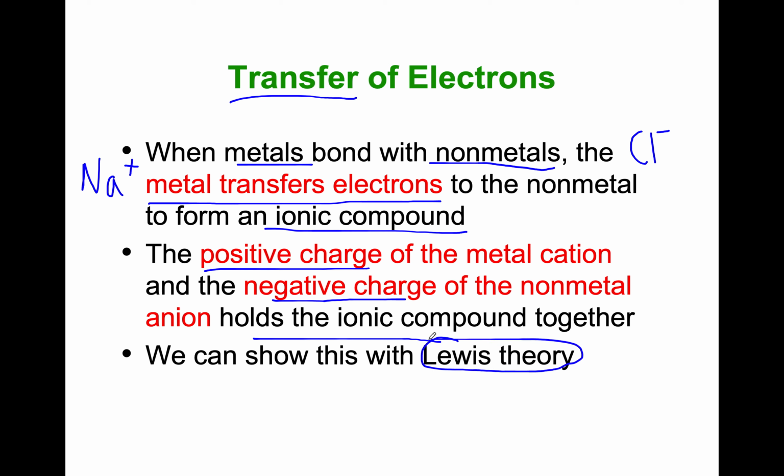Okay, so what we're going to see here is that we can draw the Lewis symbol for sodium. That's 1 valence electron. And then we can draw the Lewis symbol for chlorine, 7 valence electrons.